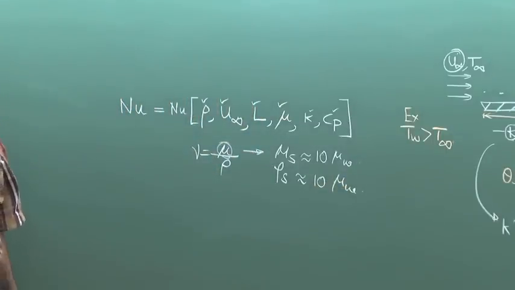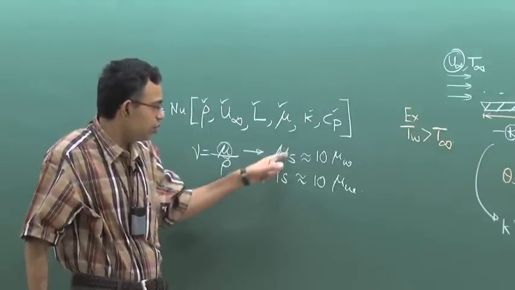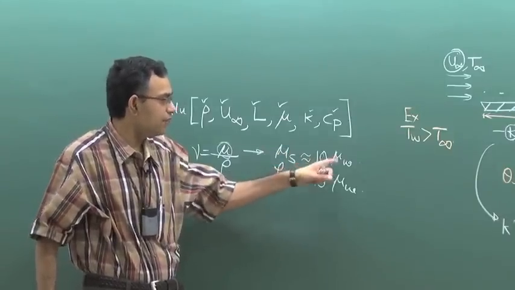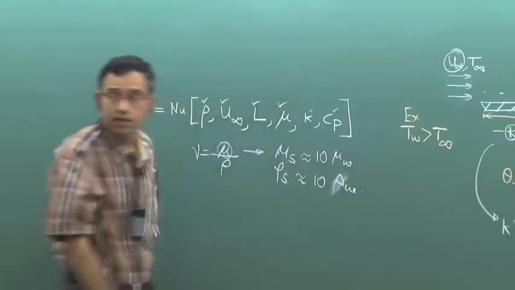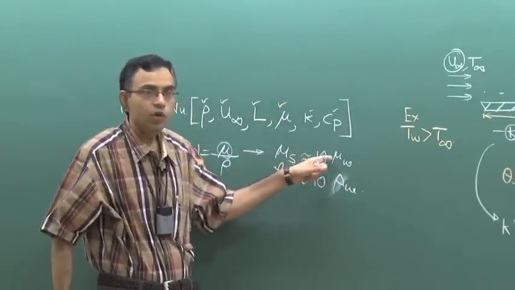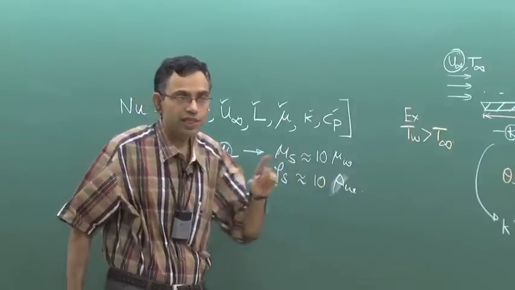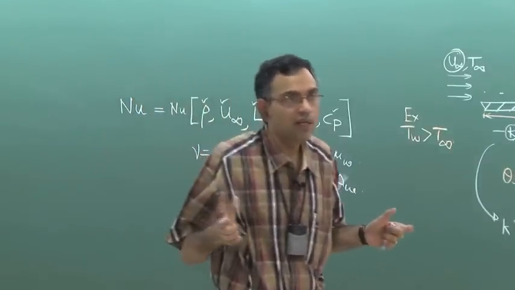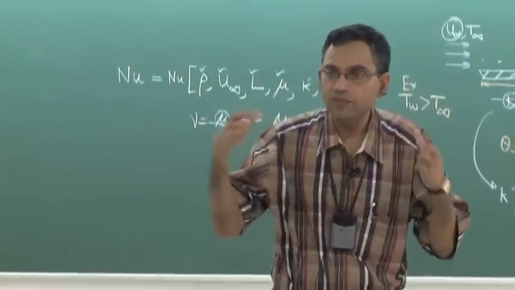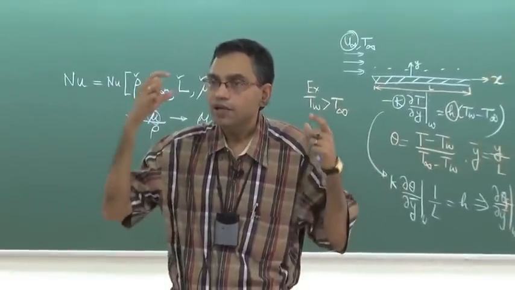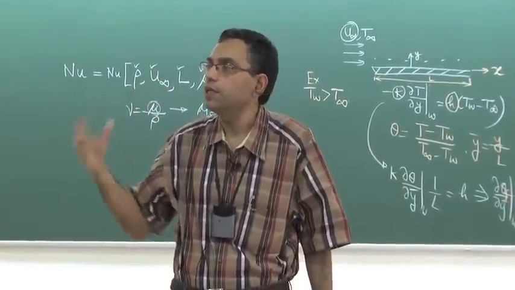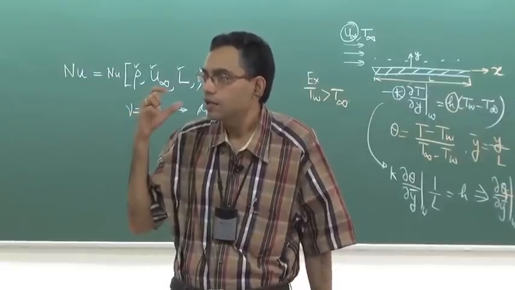So mu by rho of steel is roughly mu by rho of water. This is very remarkable behavior, that although density and viscosities of water and steel are grossly varying, the kinematic viscosity of water and the kinematic viscosity of steel are roughly very similar.